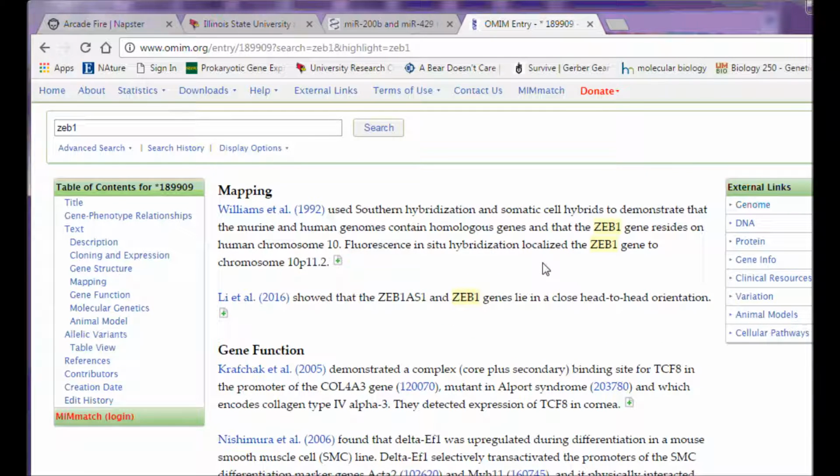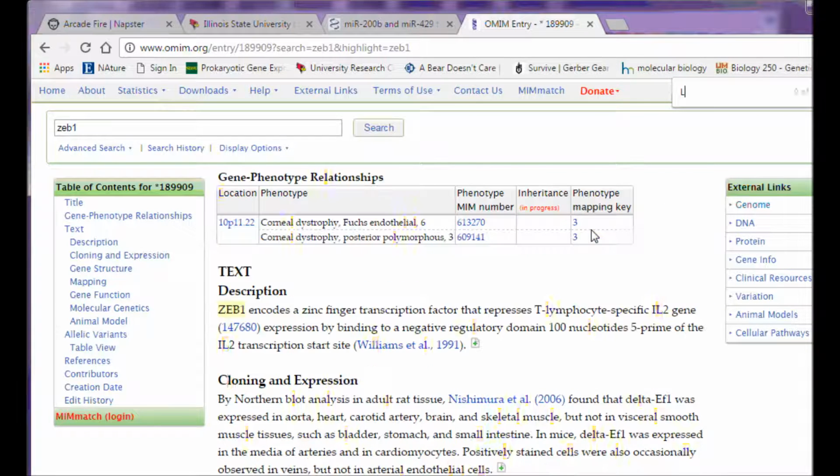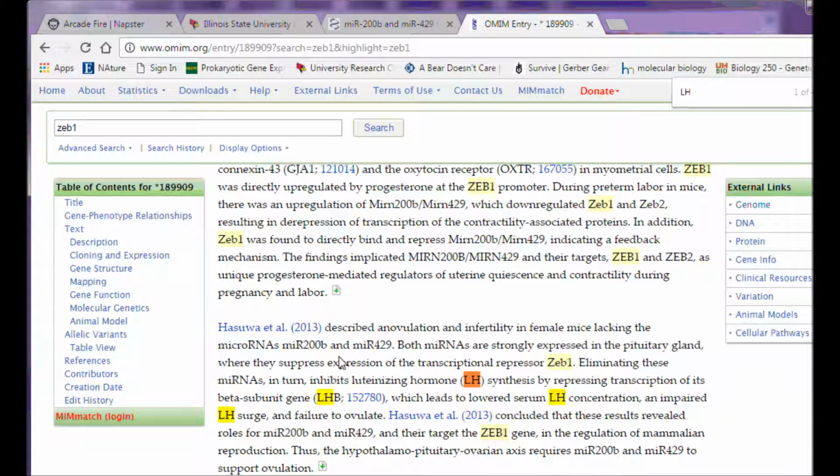Okay, let's see if we can find luteinizing hormone. And here we have the reference. Hasawa described anovulation and infertility in female mice lacking the microRNAs miR-200B and miR-429. Both microRNAs are strongly expressed in the pituitary gland, where they suppress expression of the transcriptional repressor ZEB1.